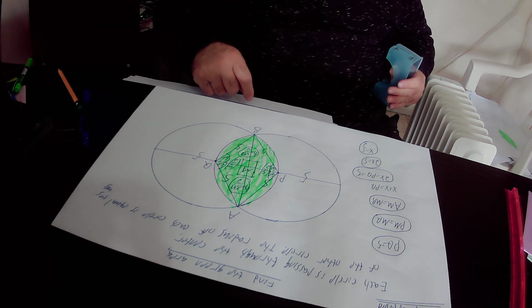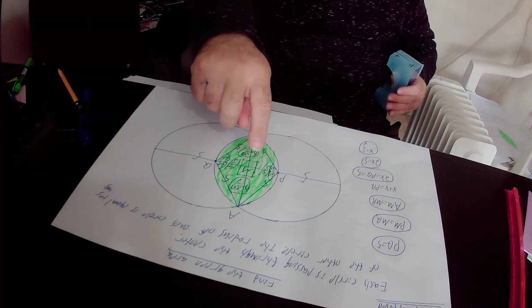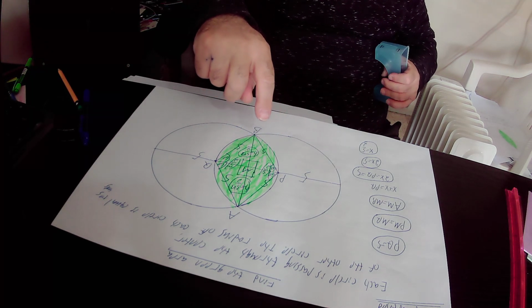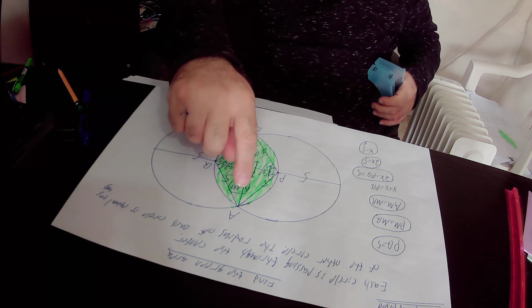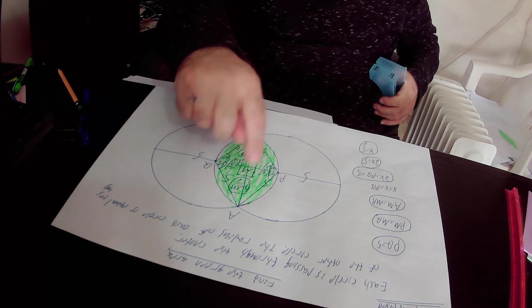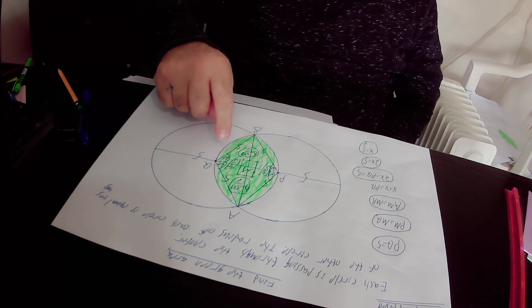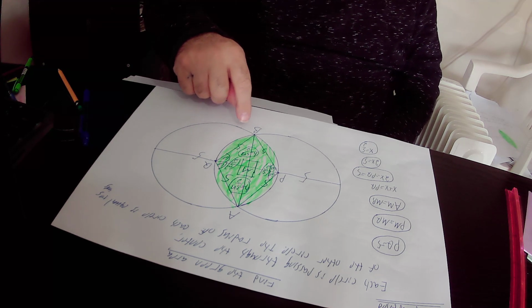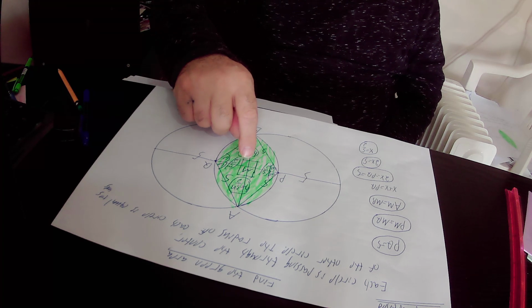And actually, by drawing those 4 line segments, we have here quadrilateral APBQ that is a rhombus. Why is quadrilateral APBQ a rhombus? Because all of its sides are equal to each other. They are equal to 5 units.